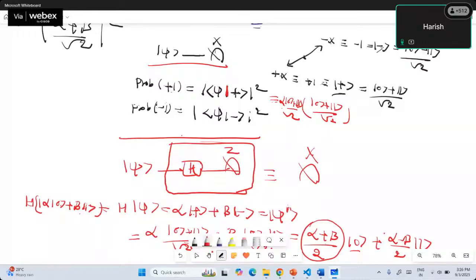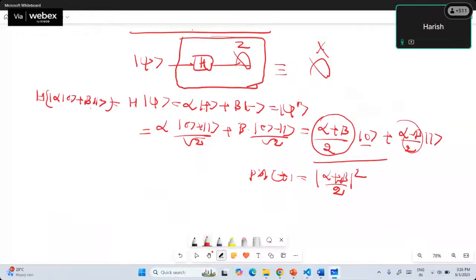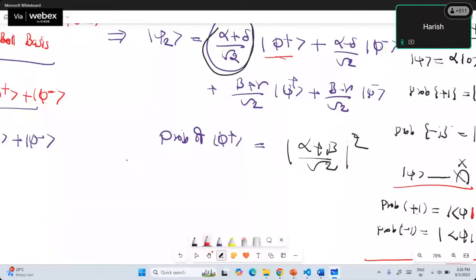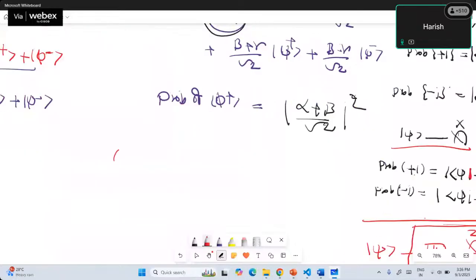So what we are claiming here is that if you put a Hadamard here, it will be as good as X basis measurement. For X basis measurement, we have written it in terms of this. Some state psi was there and we are applying X measurement on it.